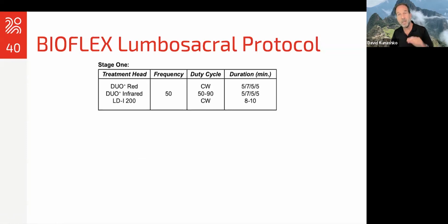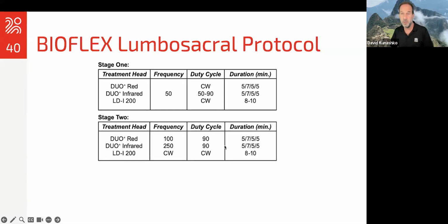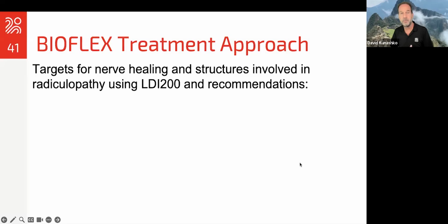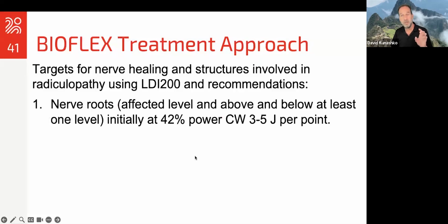If they're responding well, keep it at that level. If they're not responding that great, then maybe tweak up the duty cycle a little bit, maybe even the frequency, keep it in stage 1, and then another few sessions. And if still not seeing great results, then jump to 2 and do the same thing at 2 and the same thing for 3.